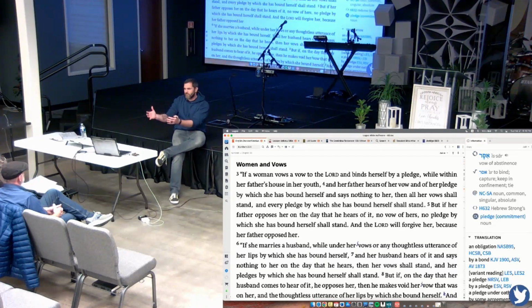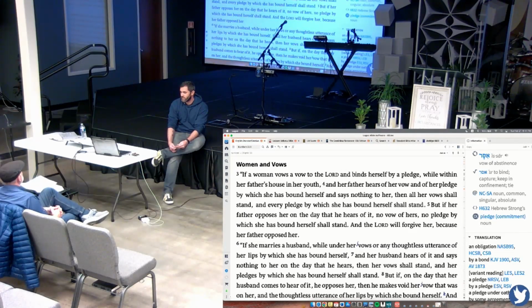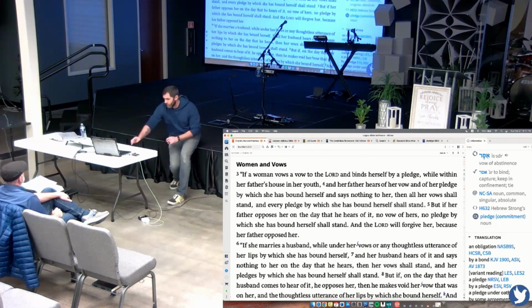And God has sort of put this father in place to protect her from taking this rash vow. In a sense, it's almost like a Jephthah's vow sort of situation, where the father is there to protect the young woman from taking this vow in the same sense that Jephthah did.